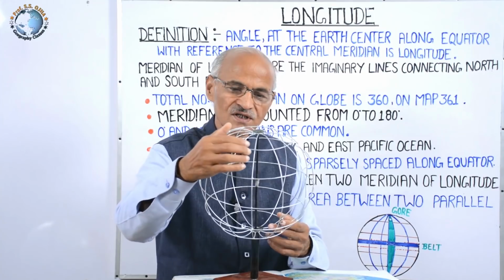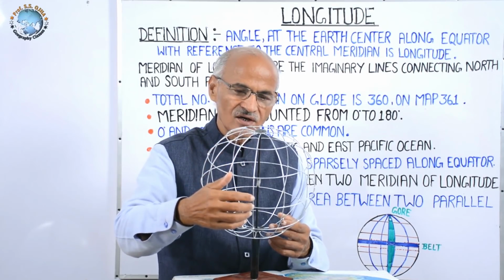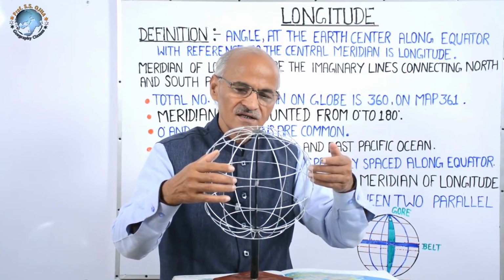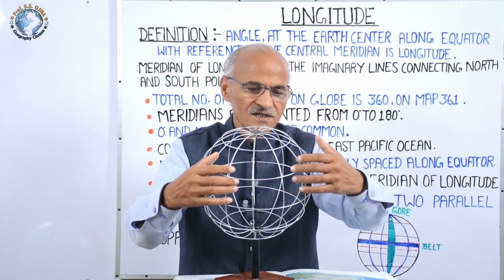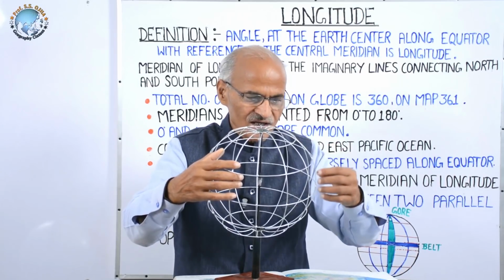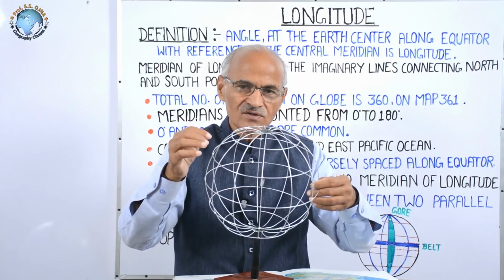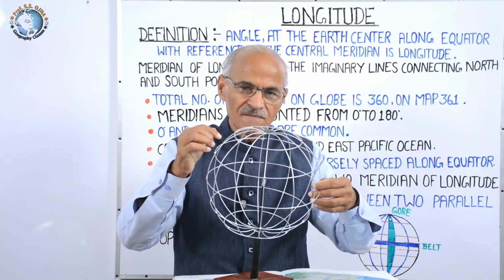Suppose the question is that, not 0 now, the 90 degree east meridian. From 0 you have gone east 90 degree. If there is a 90 degree east meridian, which meridian of longitude should be added to make a complete circle?